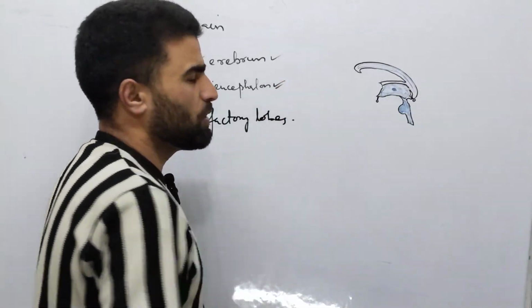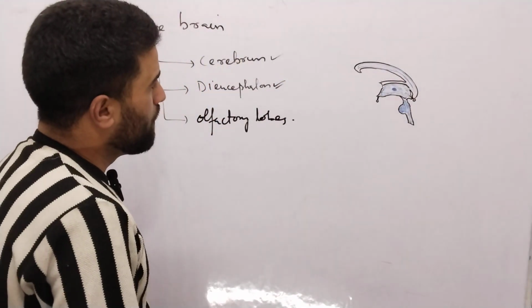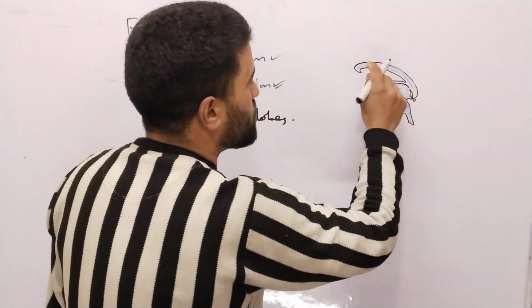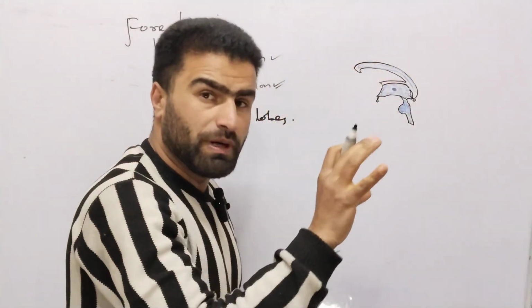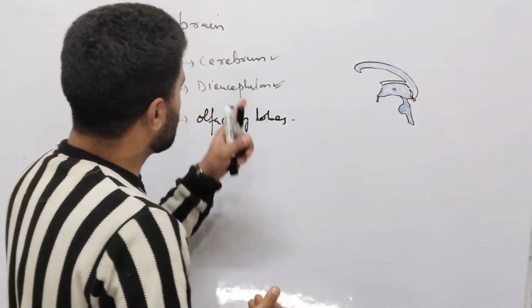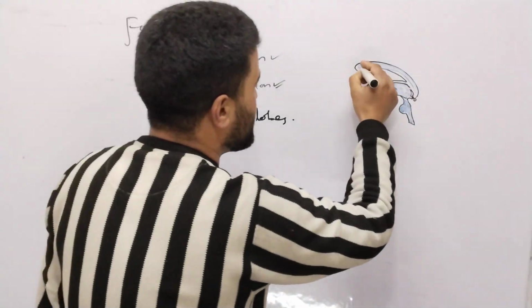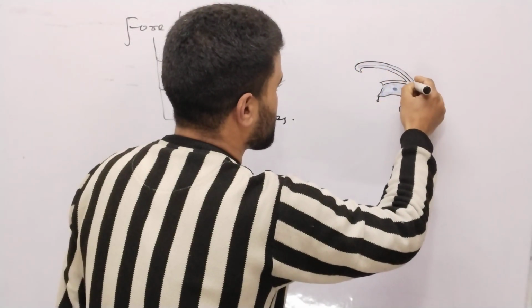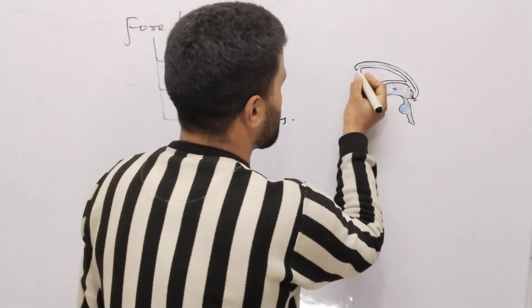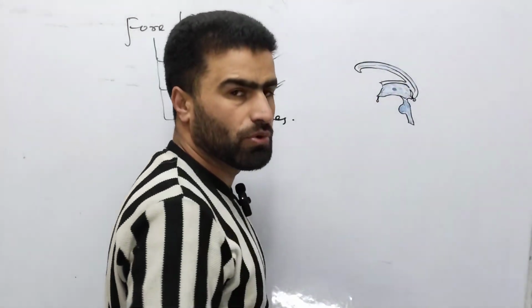Now we are going to discuss this diencephalon. What is this diencephalon? When we move to the forebrain, which is a very important part of our brain, we discuss the structures of the cerebrum and the cerebral cortex. This is the corpus callosum. It has two folds, the anterior fold and the posterior fold.